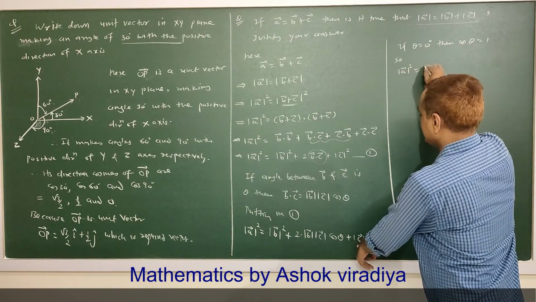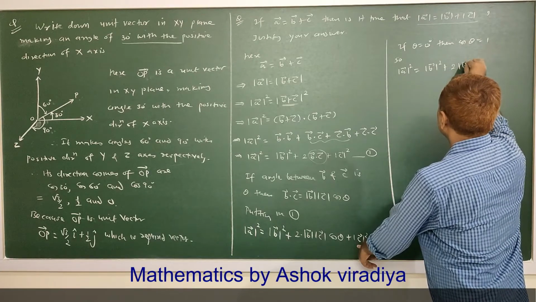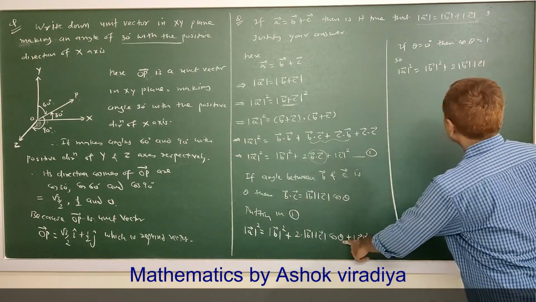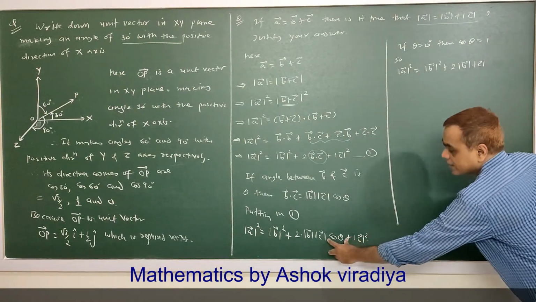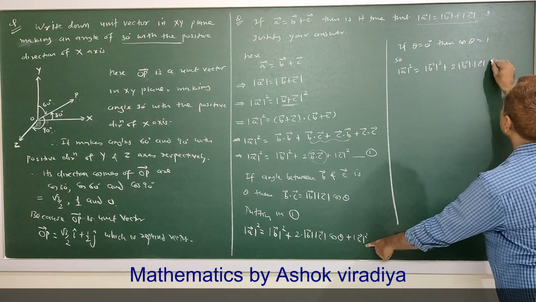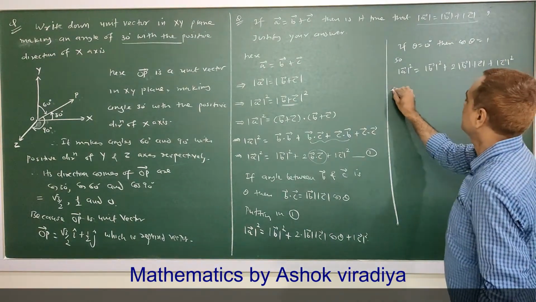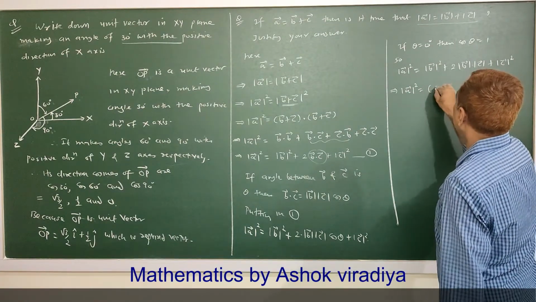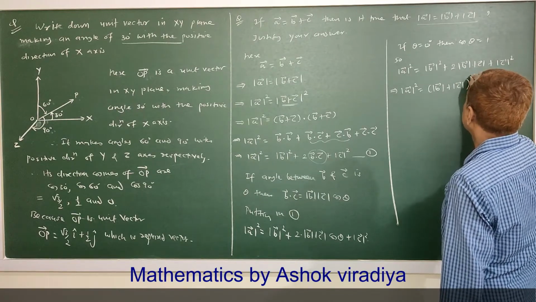Putting in this equation, magnitude A square is magnitude B square plus 2 times magnitude B magnitude C times 1 plus magnitude C square. Therefore, magnitude A square is, now this is a perfect square, magnitude B plus magnitude C whole square.